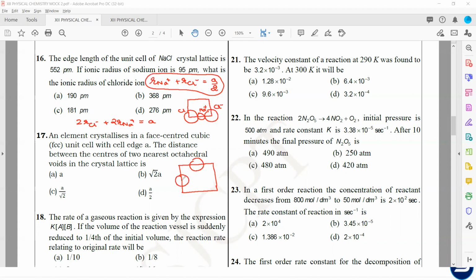So the distance between the centers of the octahedral voids will be this. We can solve it with respect to A by 2 and A by 2 for the edge length, and applying the Pythagoras theorem here, we get the answer as A by root 2. Clear?